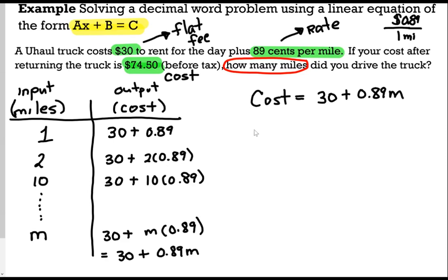So therefore, I'm going to say the cost is $74.50 equals 30 plus 0.89 m. Voila, there's our equation.